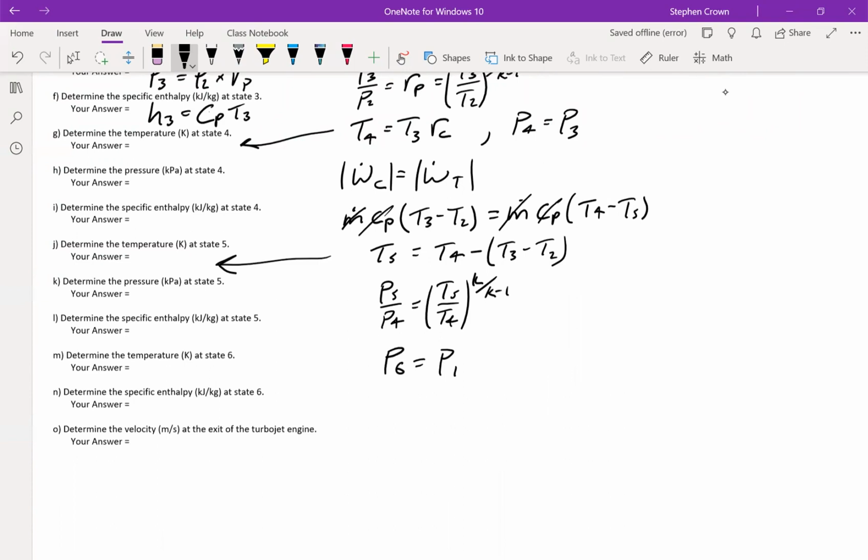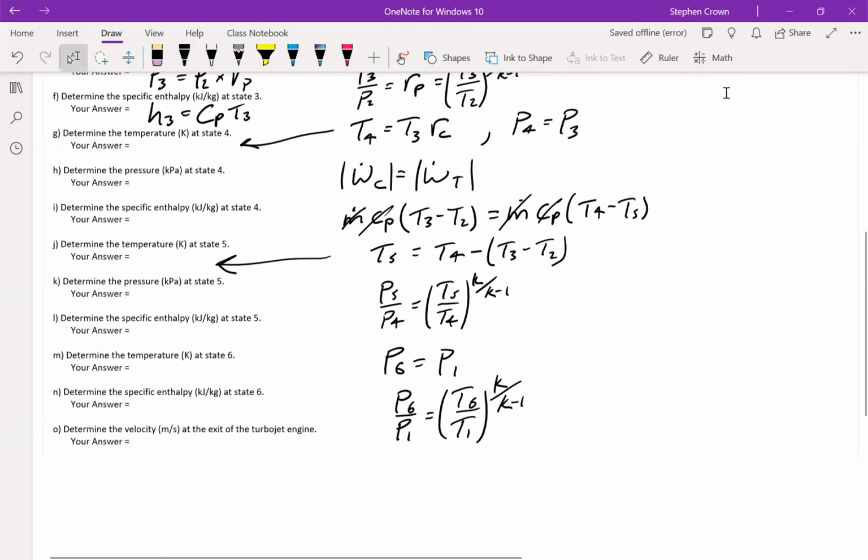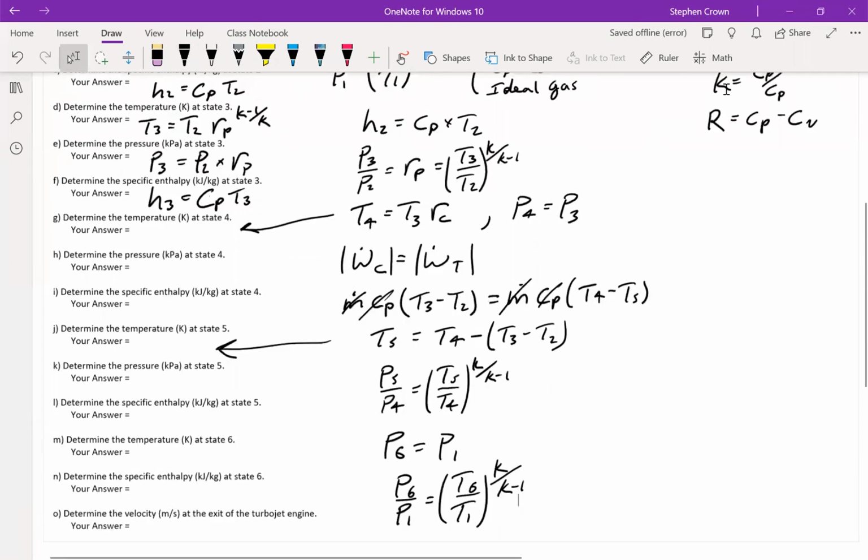So we can use the expression P6 over P1 equals T6 over T1 to the K over K minus 1, and then we can find T6.